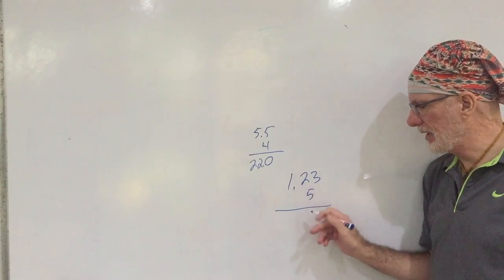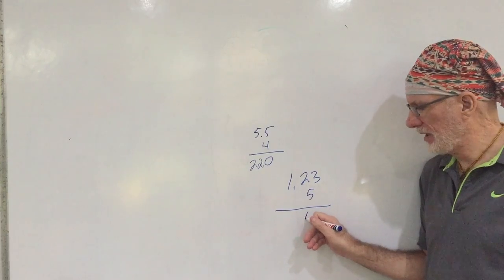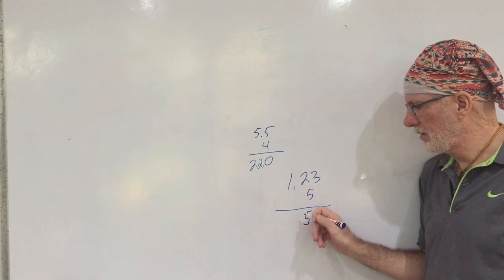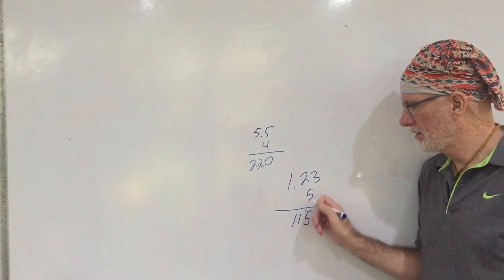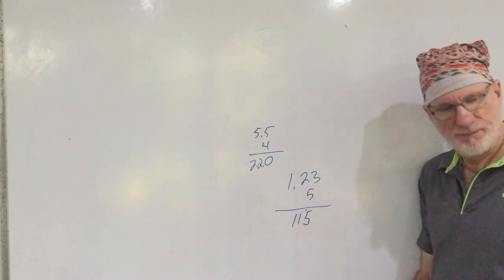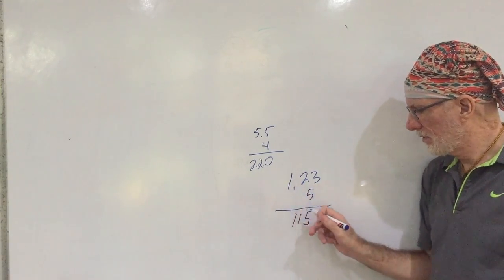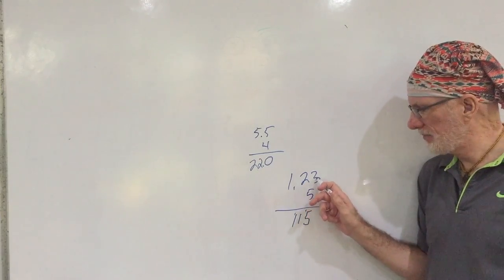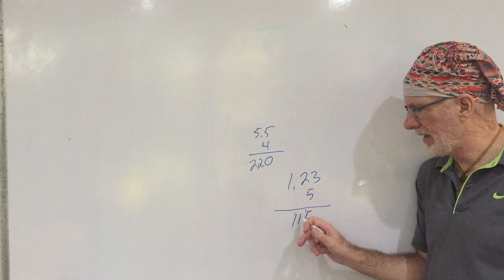5 times 3 is 15. Okay. Carry the 1. 5 times 2 is 10. That's 11.